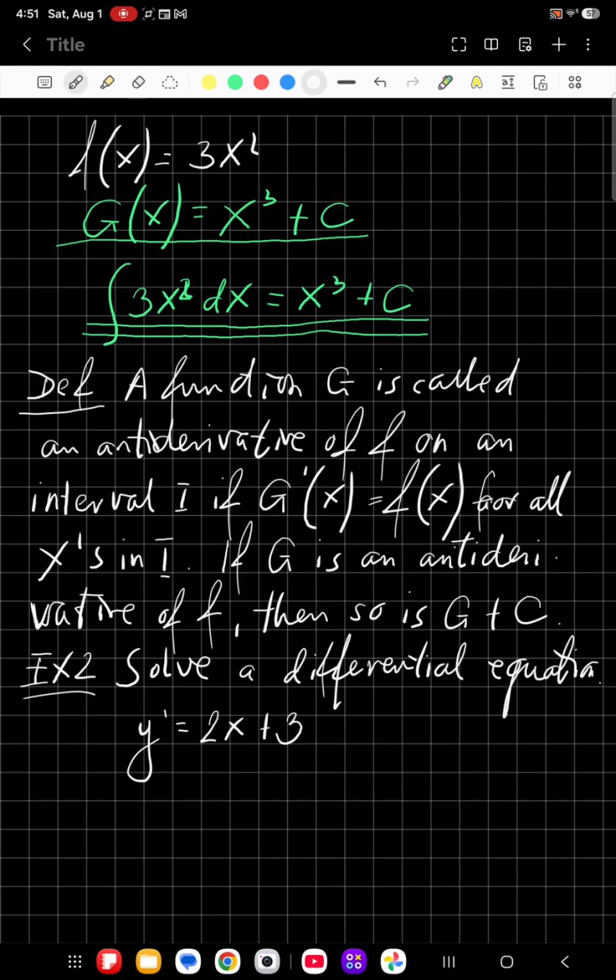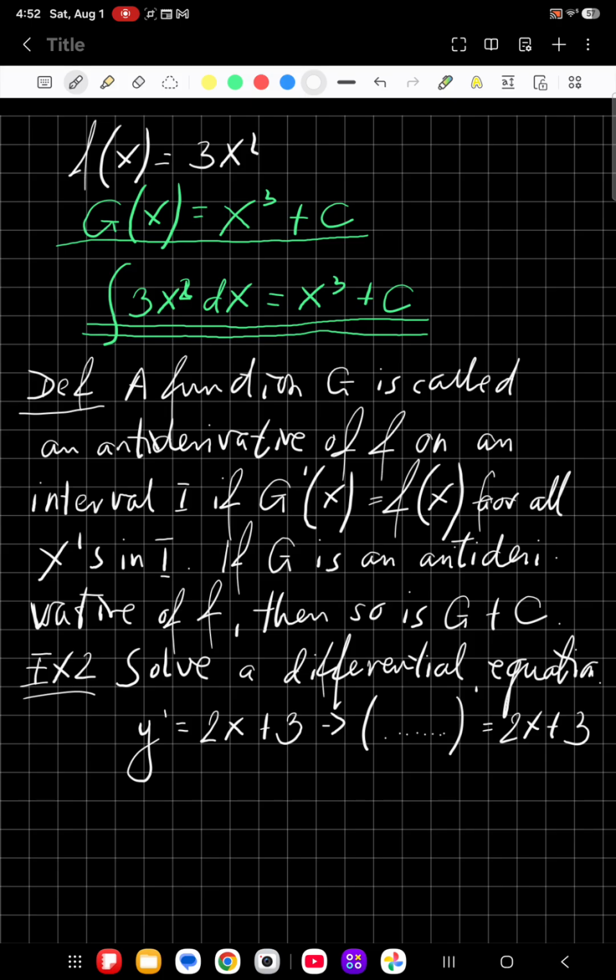So we're trying to find a function, let me write it like this, some expression whose derivative would be that 2x plus 3. We're looking at this 2x and thinking, what expression has a derivative of 2x?